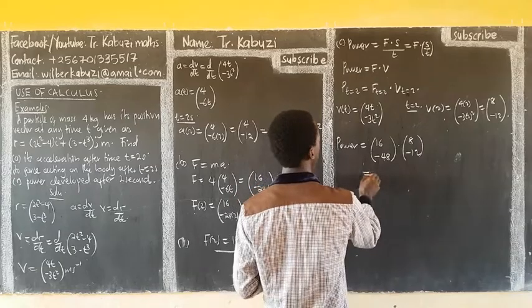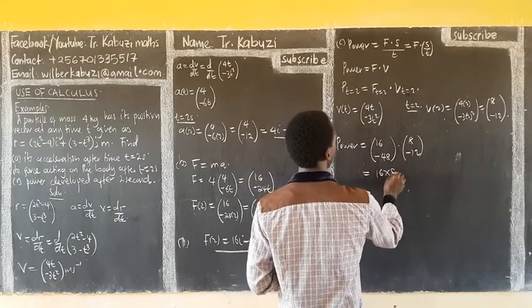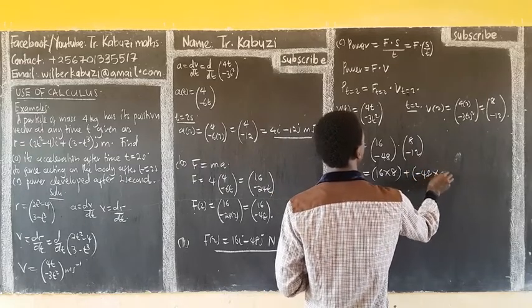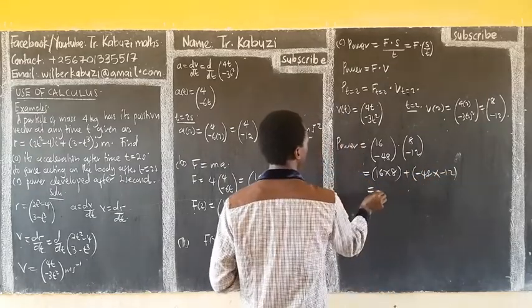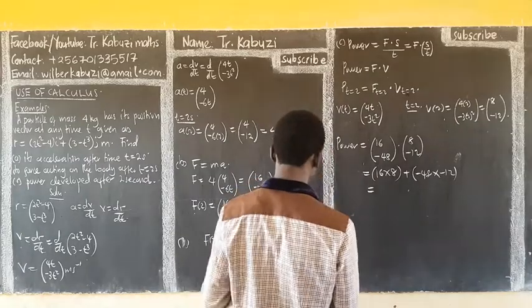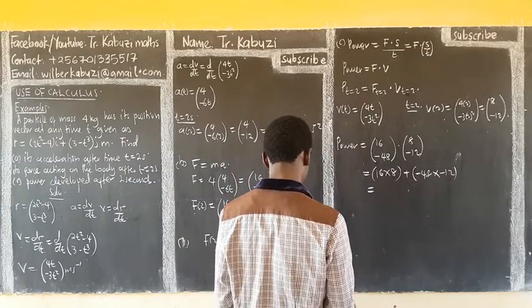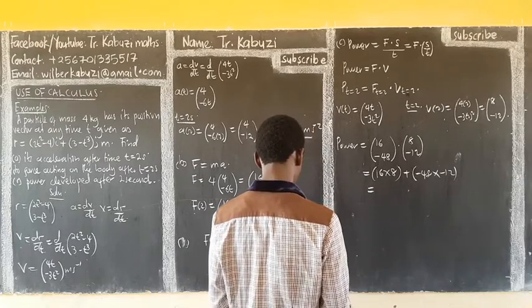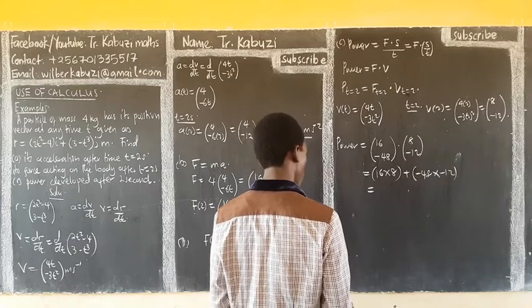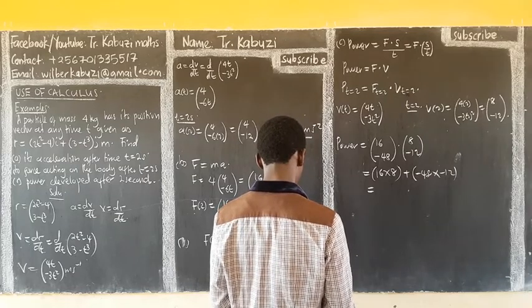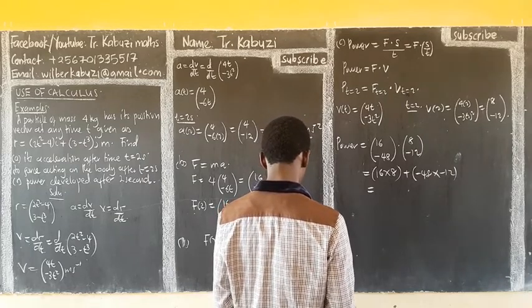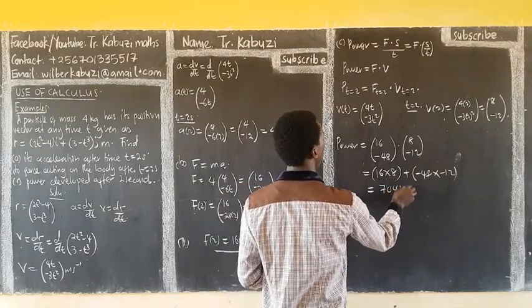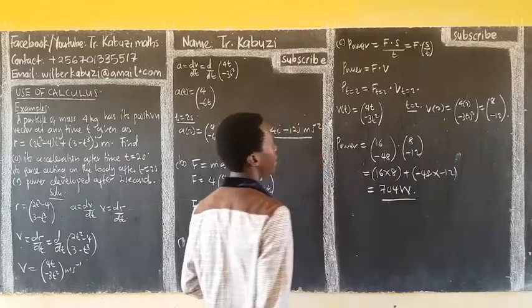In all, we have 16 times 8 plus negative 48 times negative 12, and the answer will be in watts. That is 704 watts. That is the power generated.